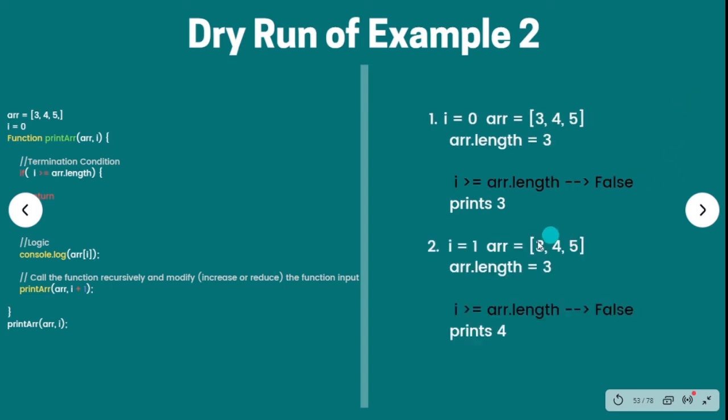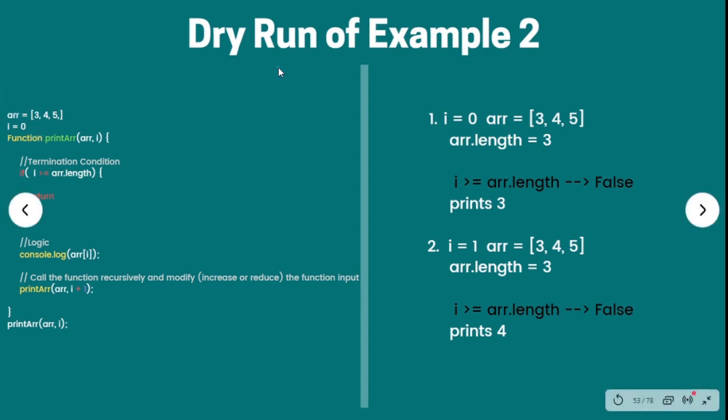So then i gets incremented when we call the function recursively, and it starts all over again. And i is still less than the array length. We go back and we console.log the array at index 1, which is 4.